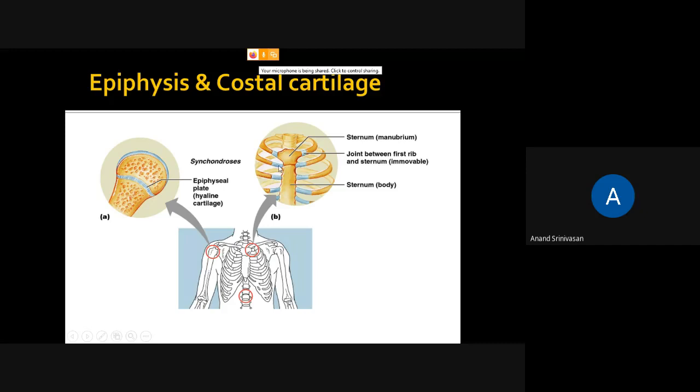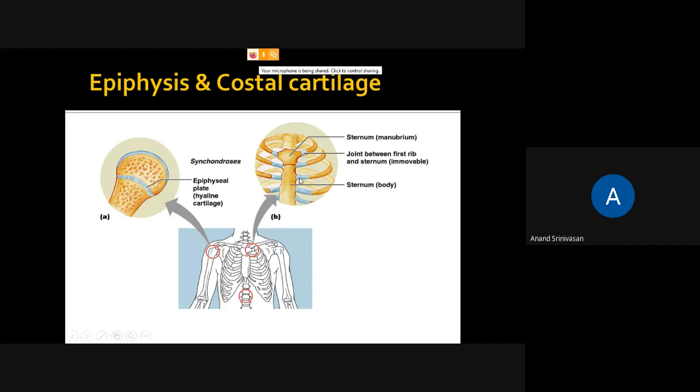The next one is the costal cartilage. You know, this is the sternum and these are the ribs. The ribs are not attached directly to the sternum. There is a small part of cartilage which is attached to the sternum. Okay, costal cartilage.